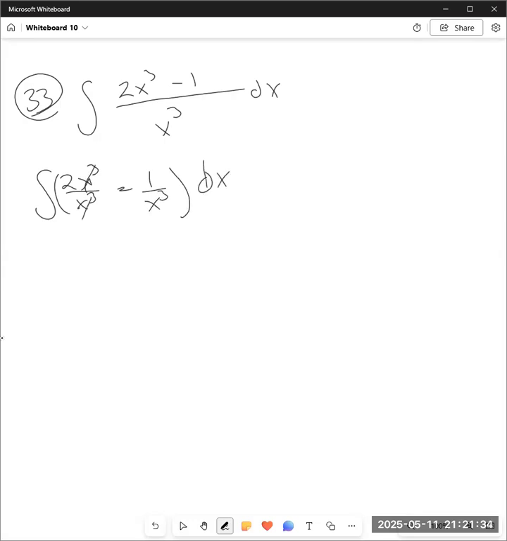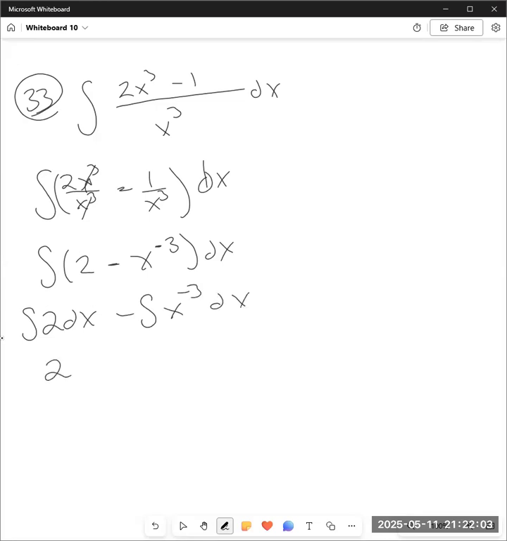And then I'm going to cancel there. When I divide like bases, I subtract the exponents, and 3 minus 3 is 0, leaving me with 2 minus x to the negative 3rd dx for my integrand. And then we're going to split this into the integral of 2 dx minus the integral of x to the negative 3rd dx.